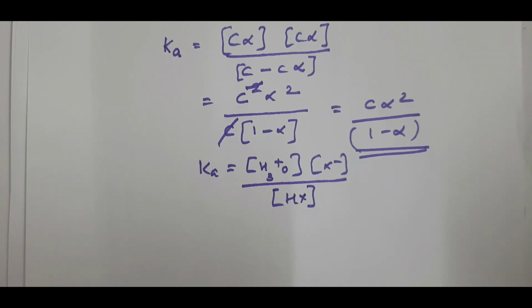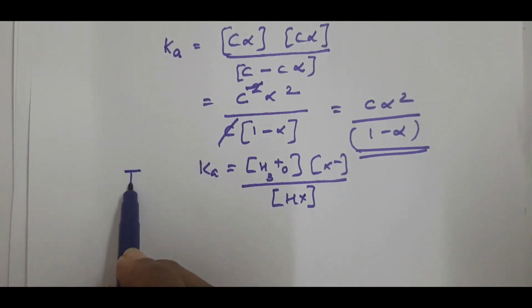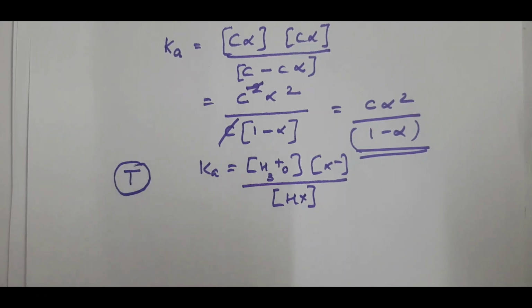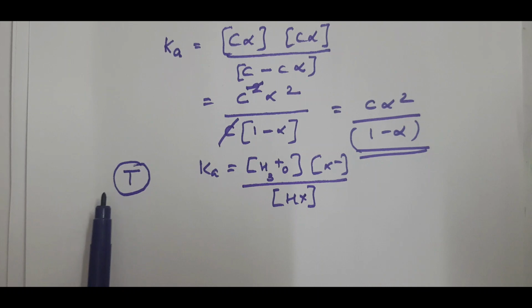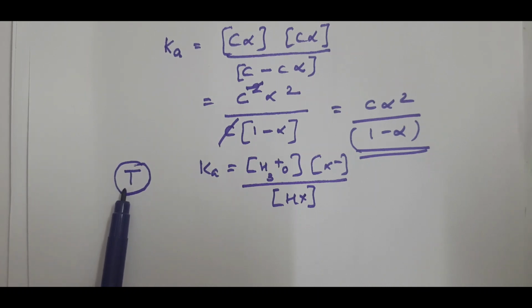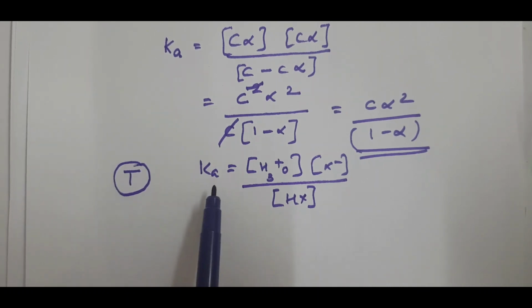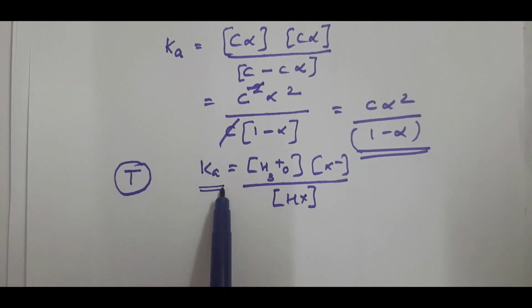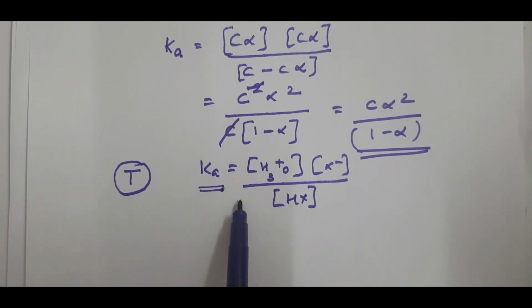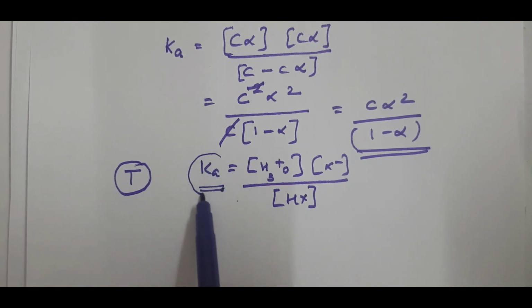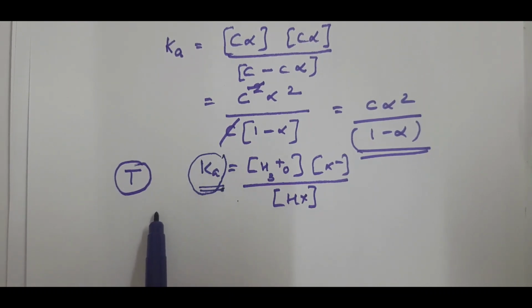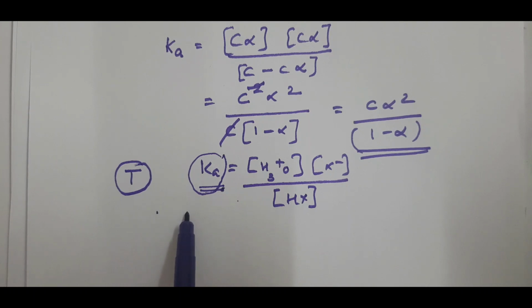At a given temperature, like the equilibrium constant, the dissociation constant is also temperature dependent. So at a given temperature, what does this Ka indicate? Ka indicates the strength of an acid HX. Now, the value of Ka decides whether an acid is strong or weak.